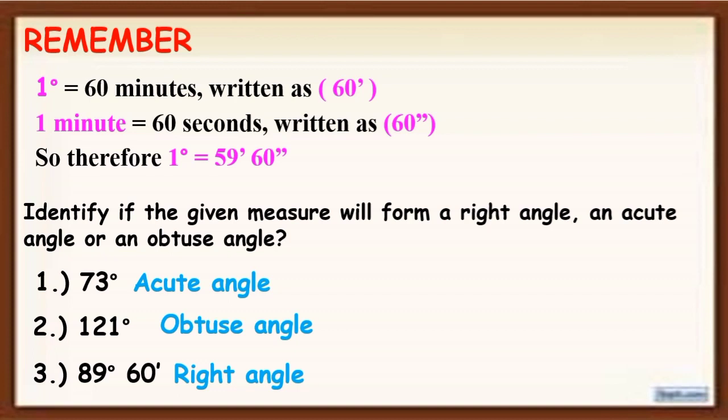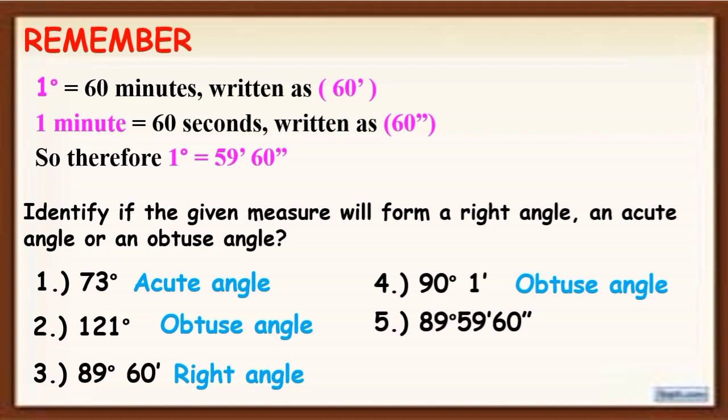So, if we are going to round it off, yung 60 minutes na to, magkatumbas to ng 1 degree, right? So, 89 plus 1 is equal to 90. That's why this measure is a right angle. Next example is 90 degrees and 1 minute. So, this measure of an angle is an obtuse angle.